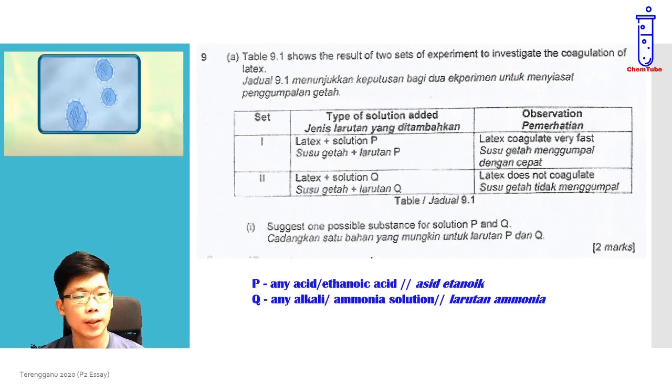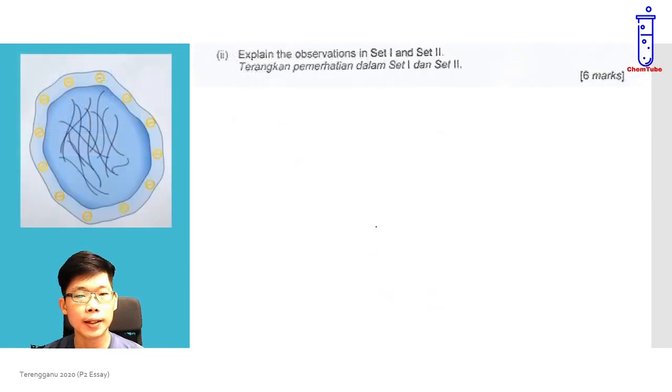Okay, so explain the observation in set 1 and set 2. Actually, just now from the videos, we already saw the explanation, so you can refer back to the video if you want. If we look into the details of the protein membranes of the rubber, it is surrounded by negative charges.